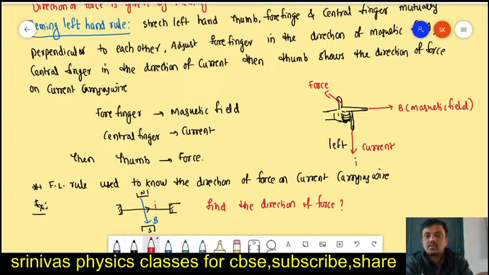Who is present now? Two members are present, four members are there. In the last, those who are present, give your names. I will note.